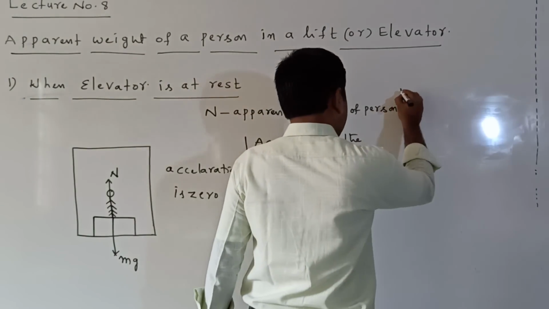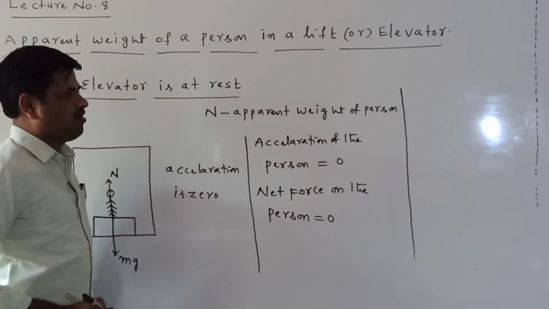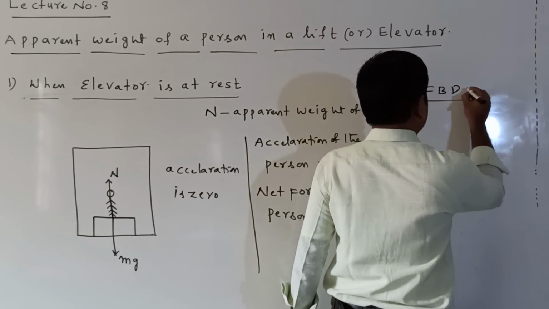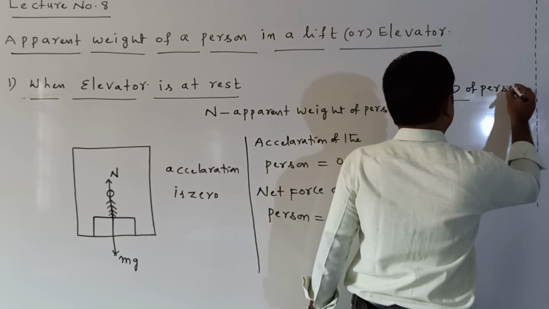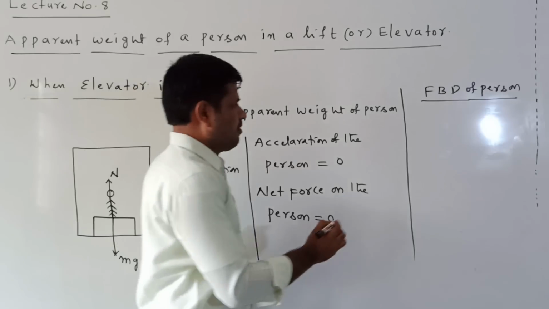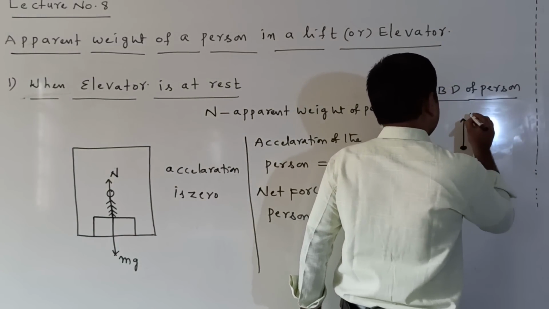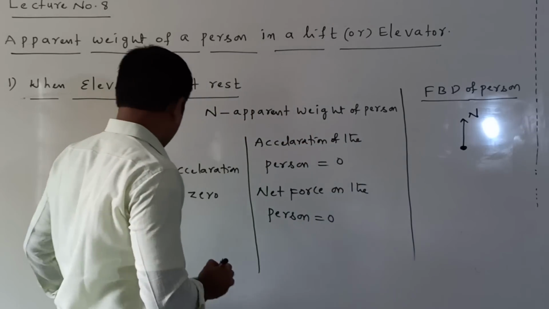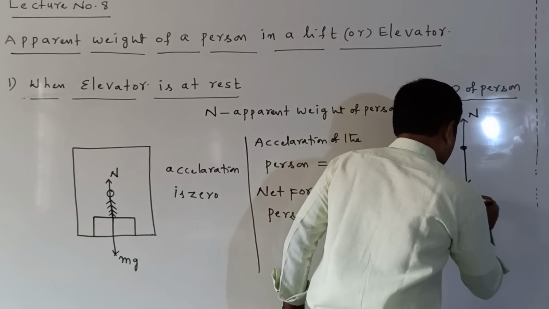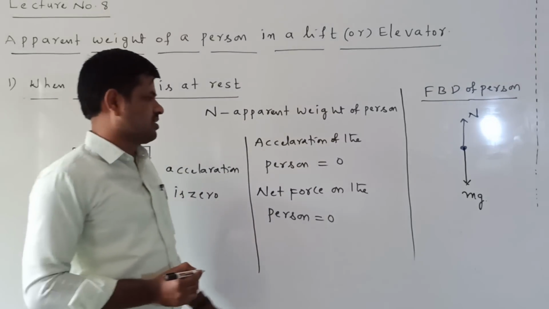Now we draw the free body diagram of the person. On this person, the normal reaction acts in the upward direction and the weight acts in the downward direction.